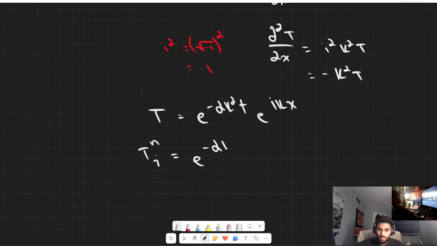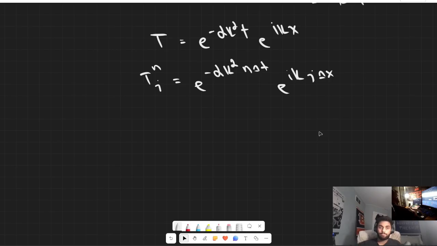So that looks something like this, k squared times n delta t. And that adds this time difference, some discretization of that time, into this expression. And the same happens for our positioning, so i k times j delta x. So that looks pretty good.